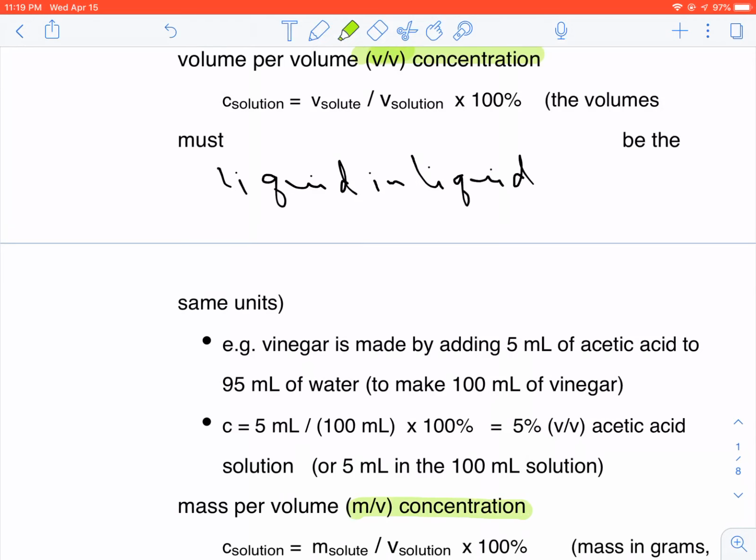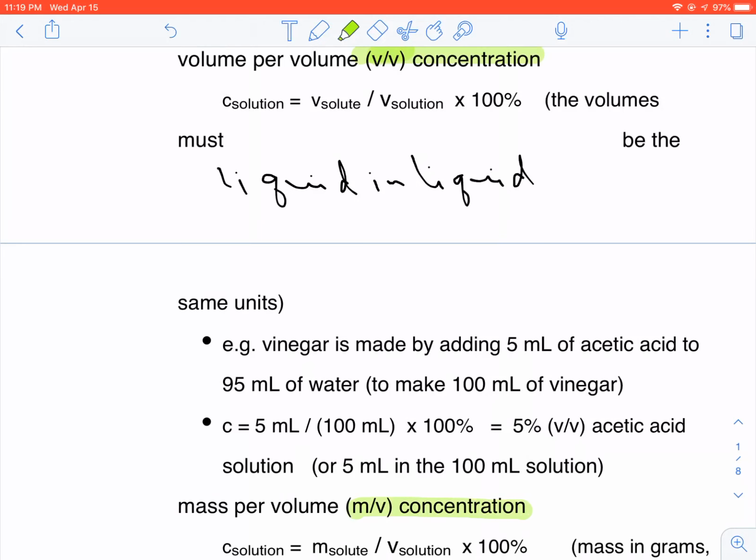So if you get sick and you go to Emerge and they put one of those IVs into your arm and it's dripping that big bag of saline into your arm, that's 0.9% sodium chloride. That means if I took 100 milliliters of that liquid, 0.9 grams of sodium chloride, salt, is dissolved in that 100 milliliters.